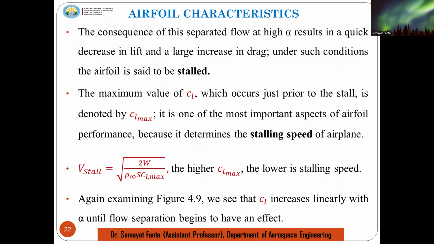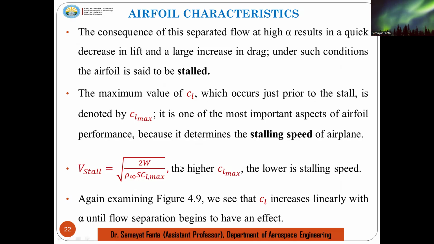The maximum value of CL, which corresponds to the stall, is denoted by CL max. The stall speed is represented by V stall, which is the square root of 2 times the weight of the aircraft divided by air density times the wing area times CL max.